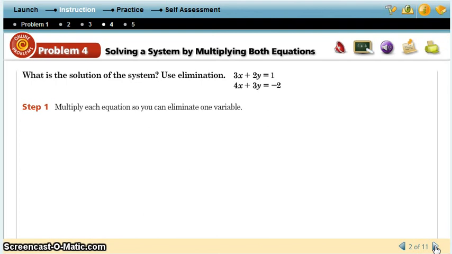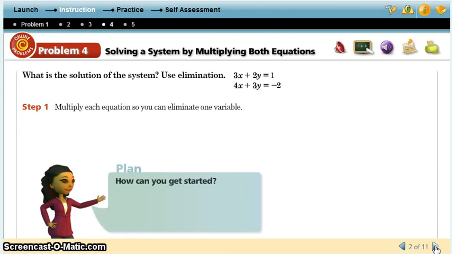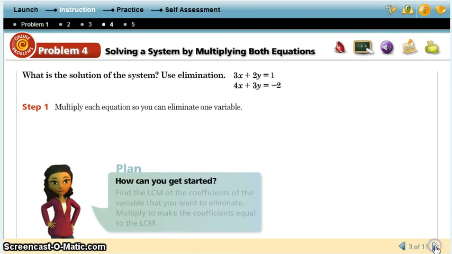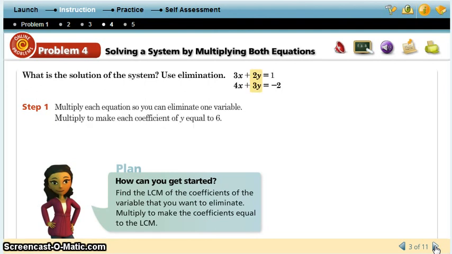Step 1. Multiply each equation so you can eliminate one variable. How can you get started? Find the least common multiple of the coefficients of the variable that you want to eliminate. Multiply to make the coefficients equal to the least common multiple. For this problem, multiply to make each coefficient of y equal to 6.